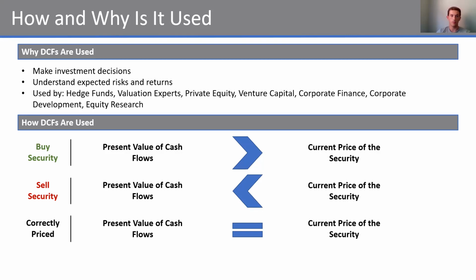You want to sell the security if the present value of the cash flows is below the current price of the security. And if it equals, then you're being compensated correctly based on the risks of the current investment and the cash flows. So that's how and why it's used.